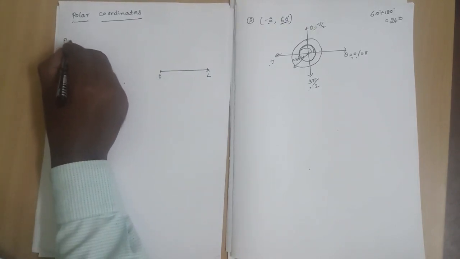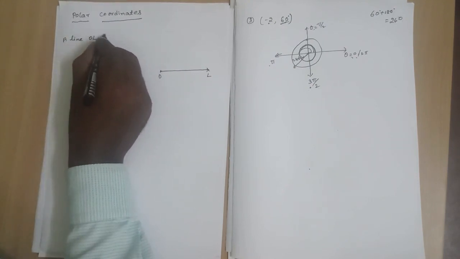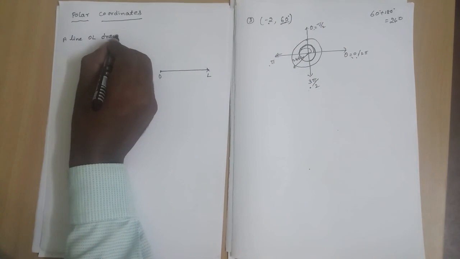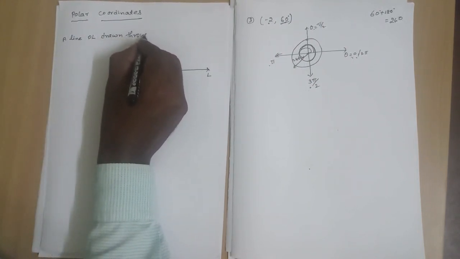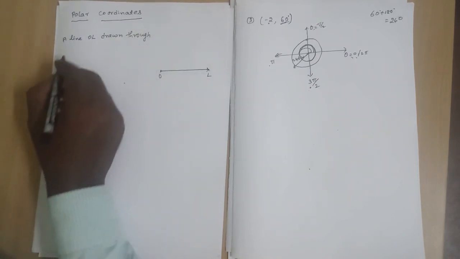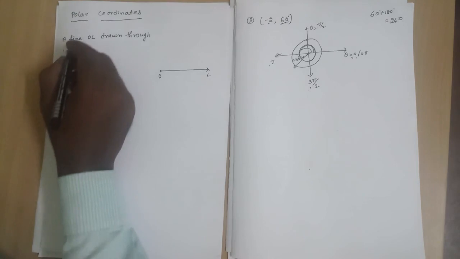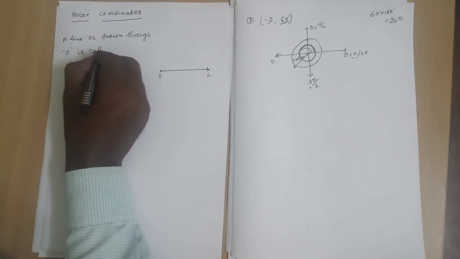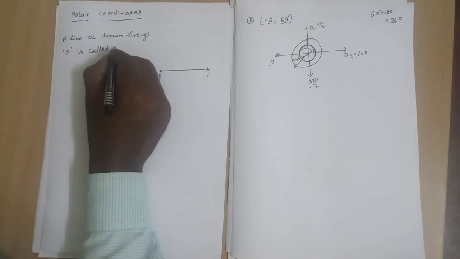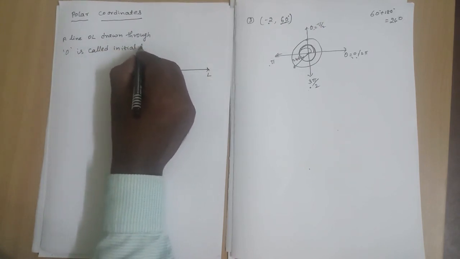A line OL drawn through O is called the initial line.